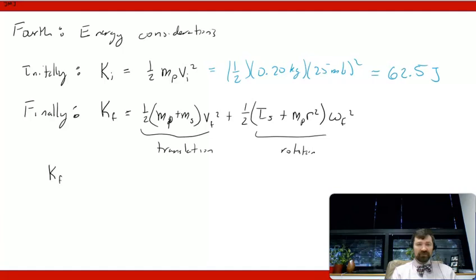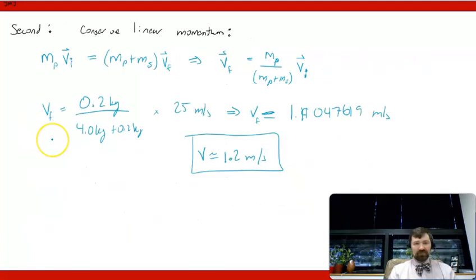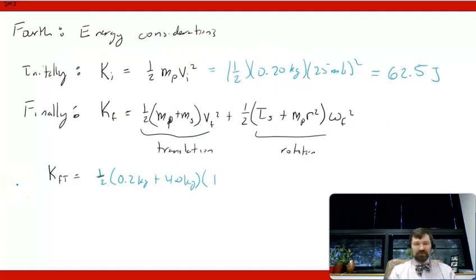So let's take those two in turn, shall we? K final translation is just given by 1/2 of 0.2 kilograms plus 4.0 kilograms times that final speed, which if we go back up here was about 1.2 meters per second, 1.190 meters per second, and that's got to be squared.